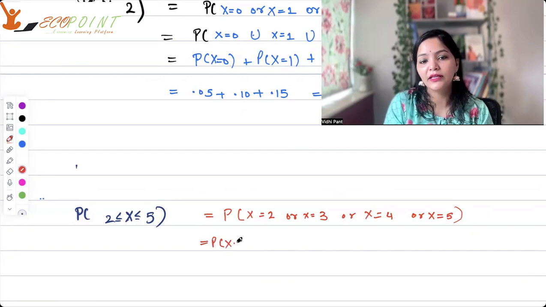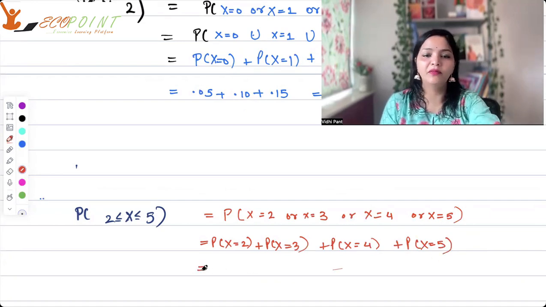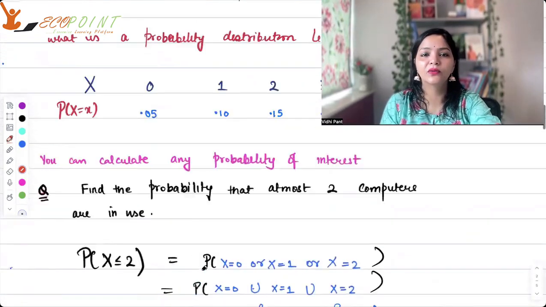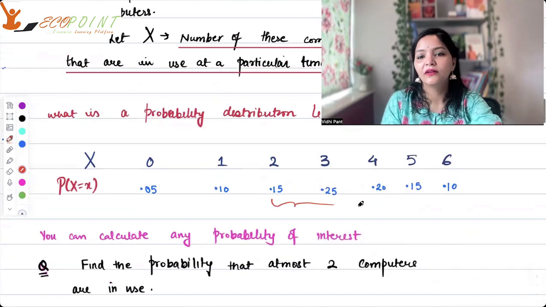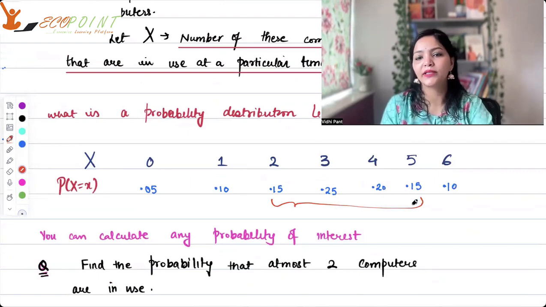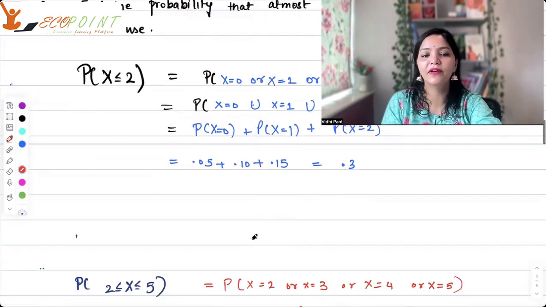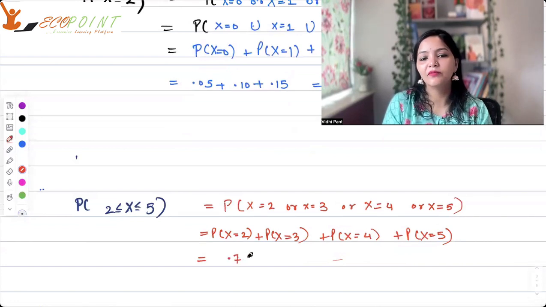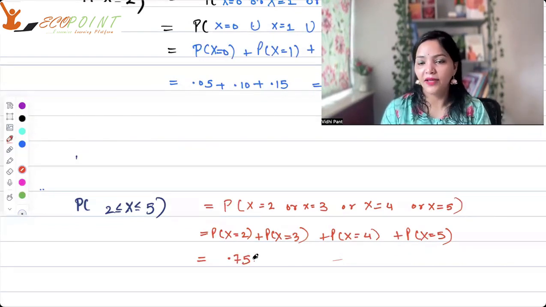So this will be probability x equal to 2 plus probability x equal to 3 plus probability x equal to 4 plus probability x equal to 5. And from the table, you can get the total of these 4 positions, and that can give you your answer. So 0.4, 0.6, 0.75, that means 75% chance that x would lie between 2 to 5 at this moment.